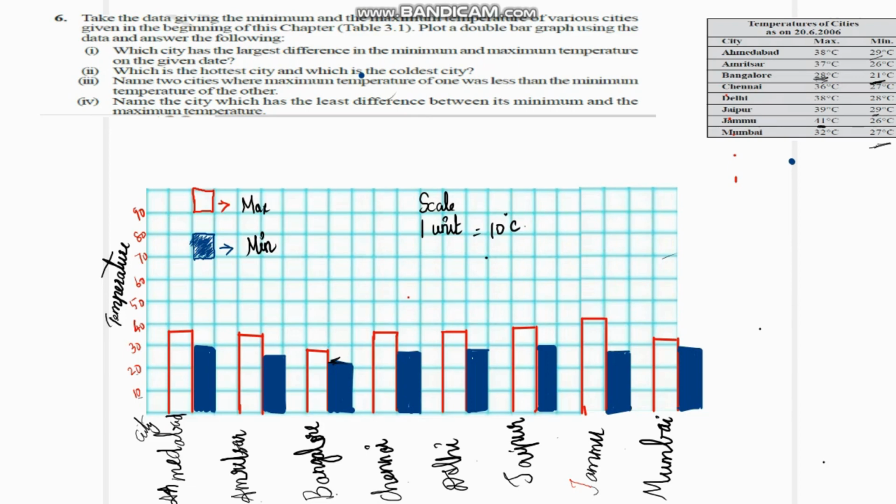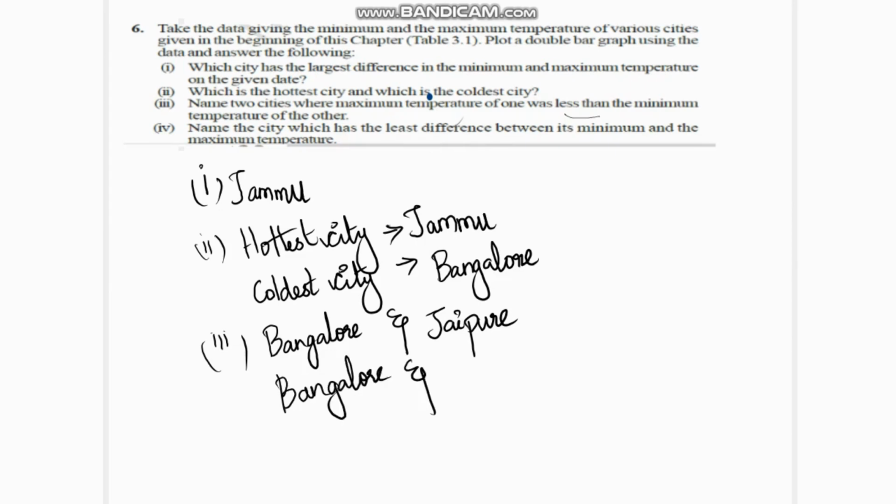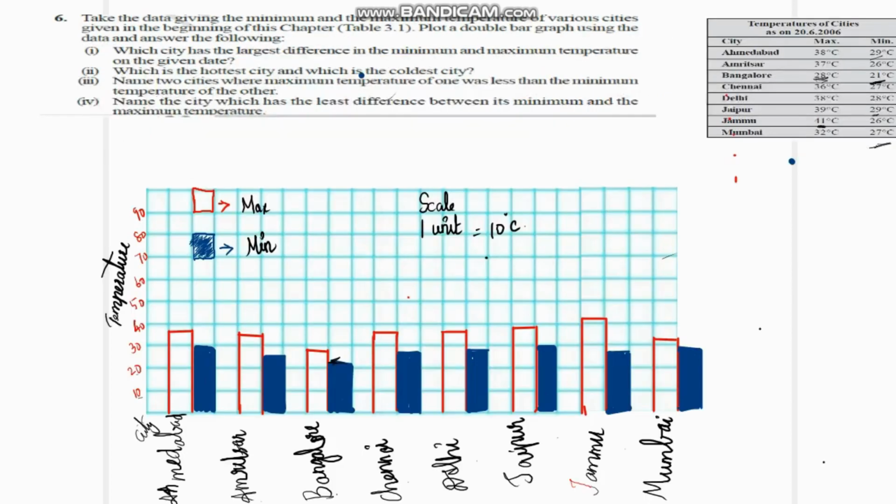So the two cities are Bangalore and Jaipur, and the other pair is Bangalore and Ahmedabad.